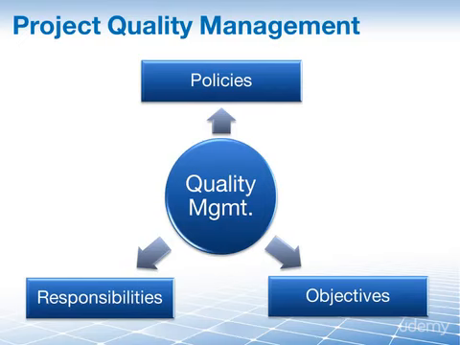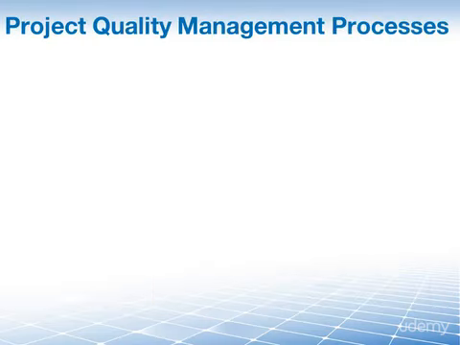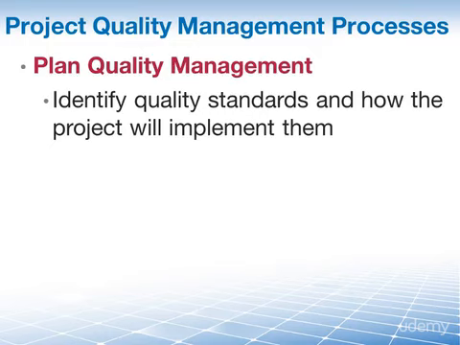And to help us with that, project quality management has 3 processes. It all begins with plan quality management, the process of identifying quality requirements or standards for the project and its deliverables, and documenting how the project will demonstrate compliance with quality requirements.